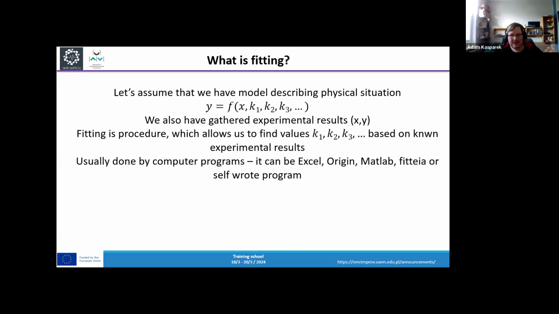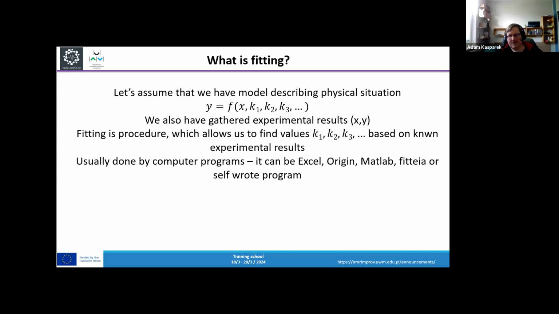But in the most basic models, it can be, for example, one parameter. And to be clear, I wrote here x-axis and y, but we sometimes have models with two x-axes.